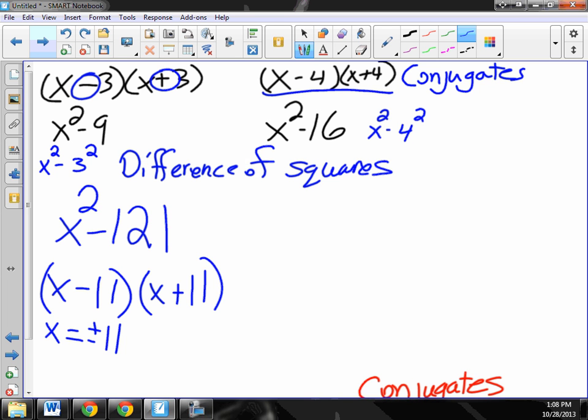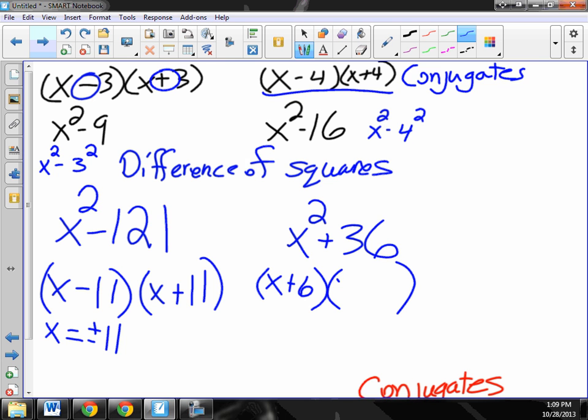Okay, what about this? What are my factors going to be? x plus 6 and x plus 6. Are those conjugates? No. Is the middle term going to cancel? Will a 6 and a 6 turn into a 0?